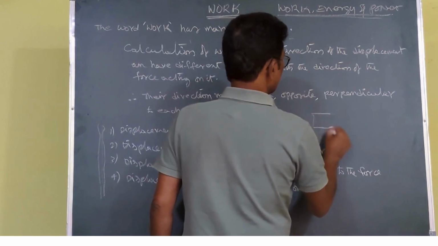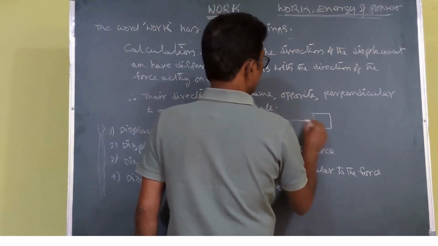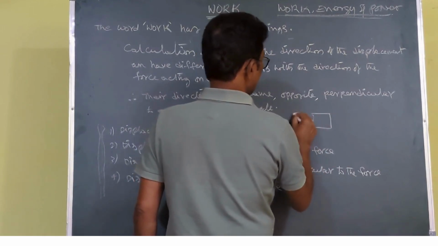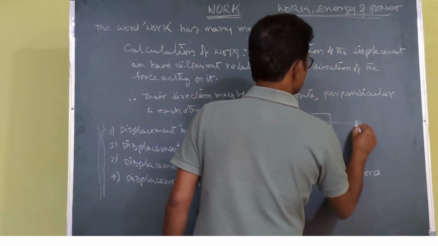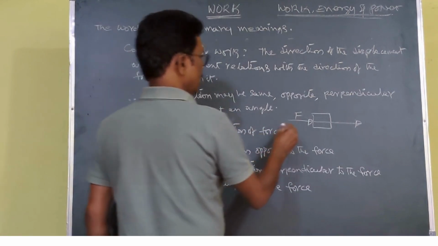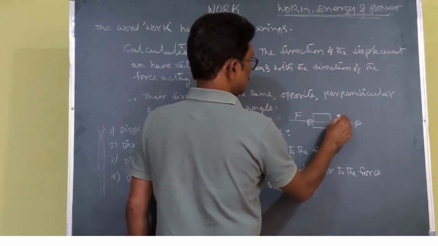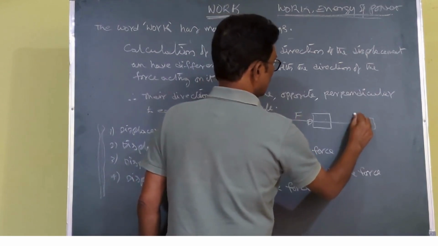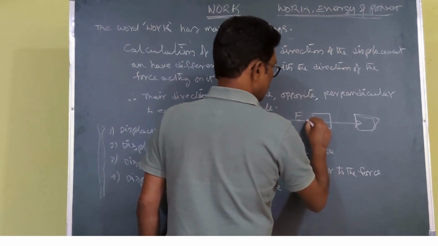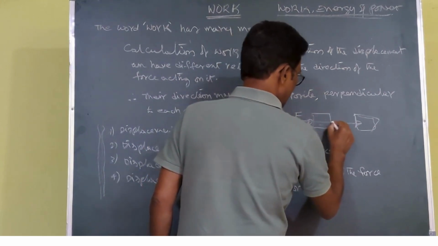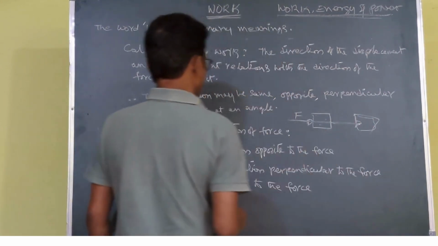Here is the object, and this is the force direction. This is one case. You apply the force, and because of this force, this object gets displaced from here. It is moving in the line of the force. That is one case.